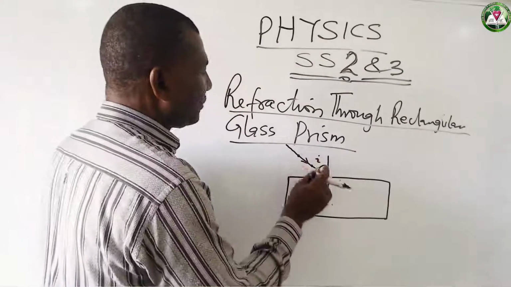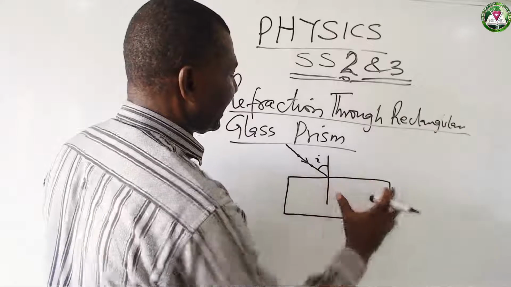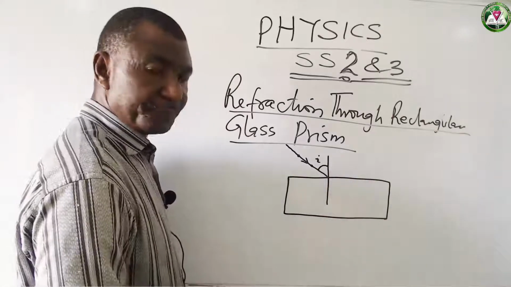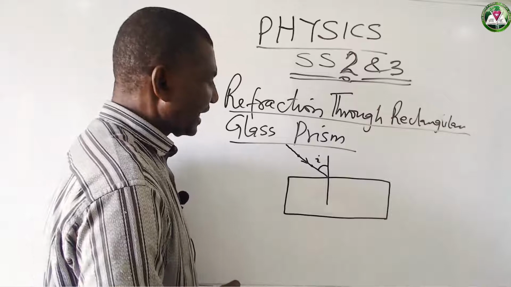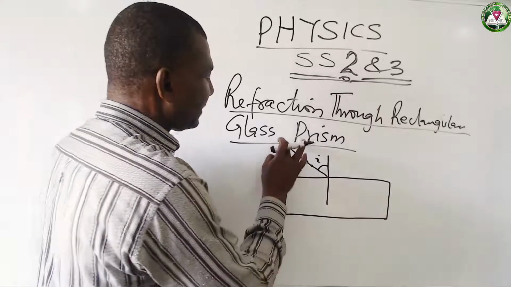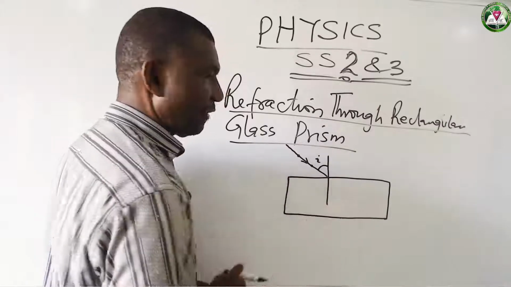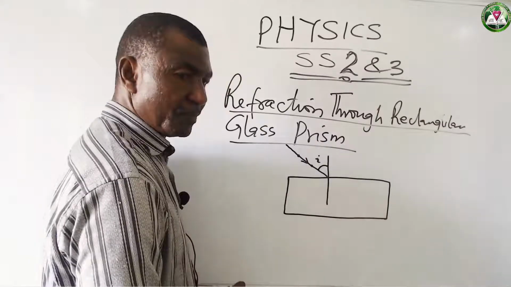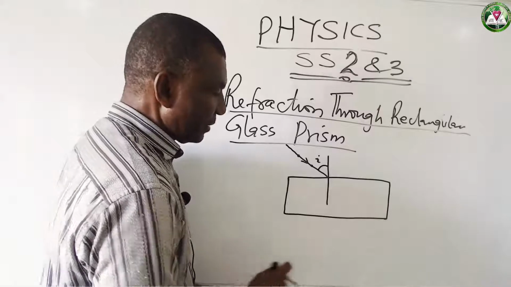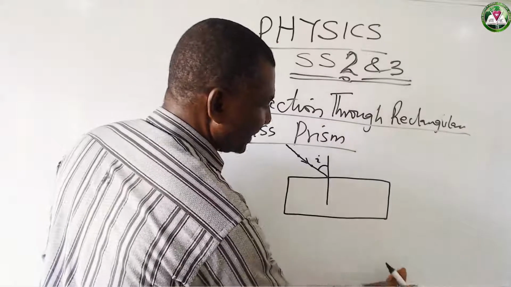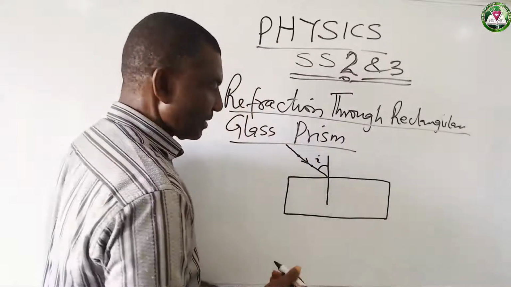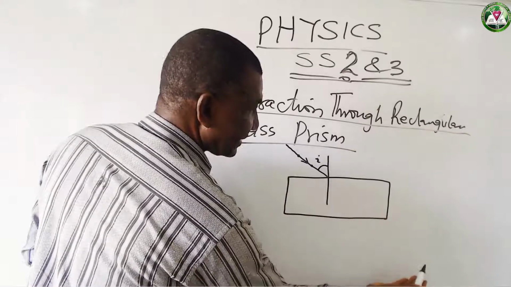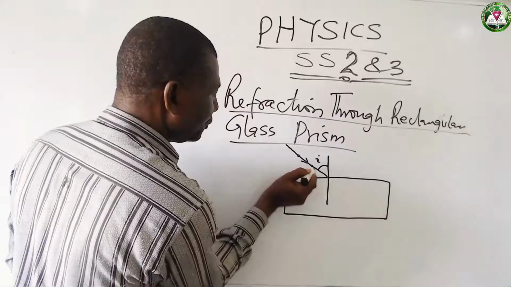So now when you have drawn this, you bring out your rectangular glass prism, and with your protractor you get your angle and place it back. When you place it back, you come down to this place and view. At the down part of this glass, you view these two pins.